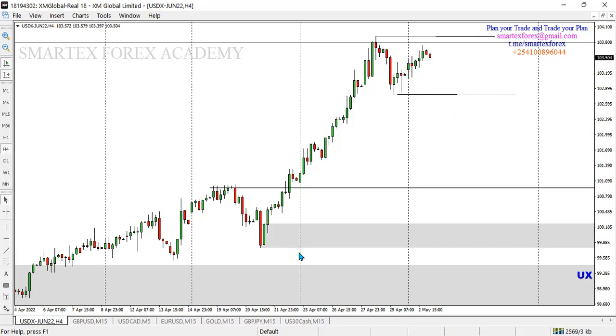If it goes below here, then our next zone is this one. But for a while, the price is in this range.